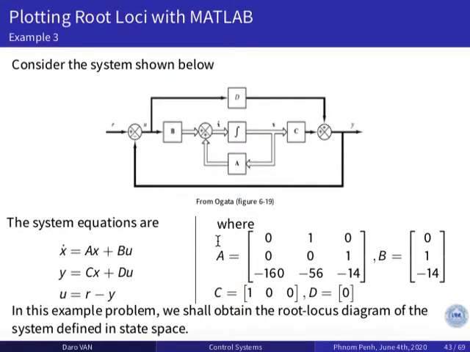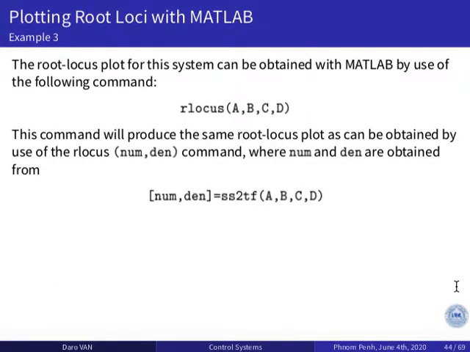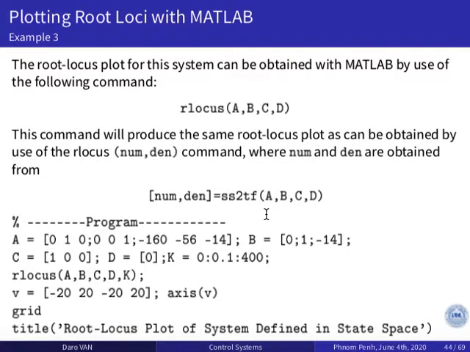Of course, you will have this matrix A, B, C, and D. So rlocus(A, B, C, D) is a command to plot the system which has the state space form. You can also convert it into the transfer function using ss2tf as well. This is the program you can use to plot. You can download it from GitHub.